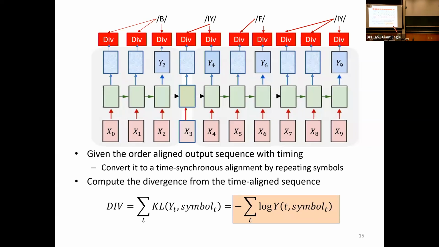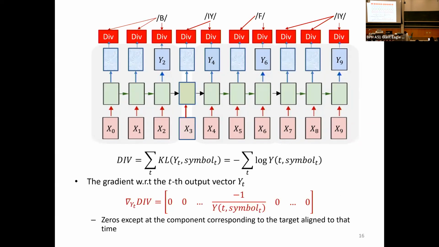The divergence is simply going to be the sum of the divergences at individual times, which, if you're using a one-hot representation, is the negative of the sum over time of the log of the likelihood assigned to the target symbol by the network. So everybody remembers all of this, right?